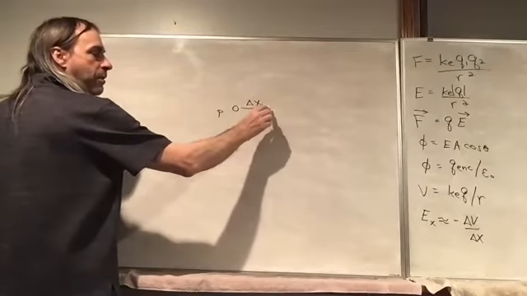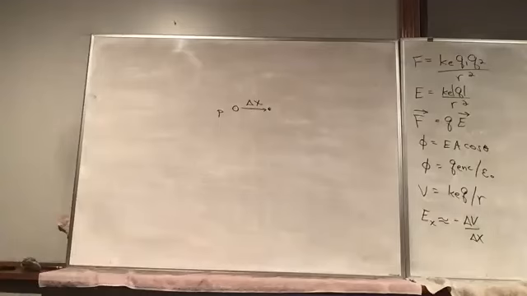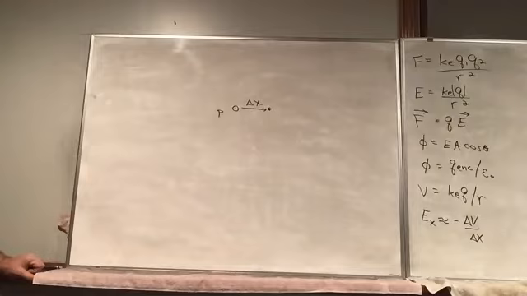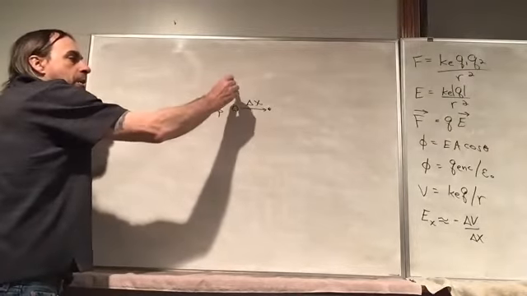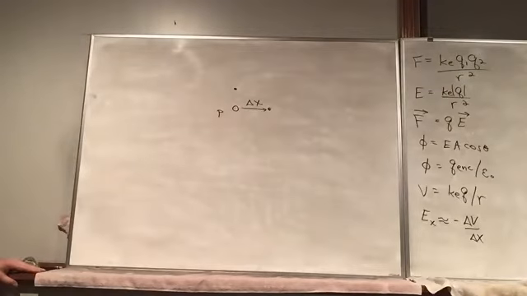I'd look at the electric potential here, subtract the electric potential at the point we're actually interested in, and then divide by delta x. And that would give me the x component of the electric field. You can do the y component as well by picking a point in the y direction or the z direction. So you can get the entire electric field if you know what the potential is like in some region.